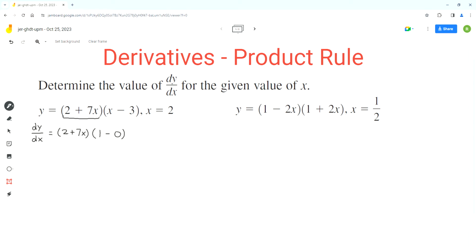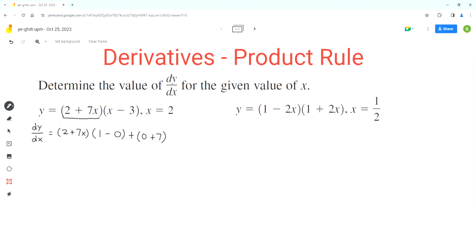So the derivative of x is 1 as per the power rule, and 3 is a constant, so its derivative is 0. Then plus, now we have to find the derivative of the first function, which is 2 plus 7x. So the derivative will be 0 plus 7. So 2 is a constant, so the derivative is 0.